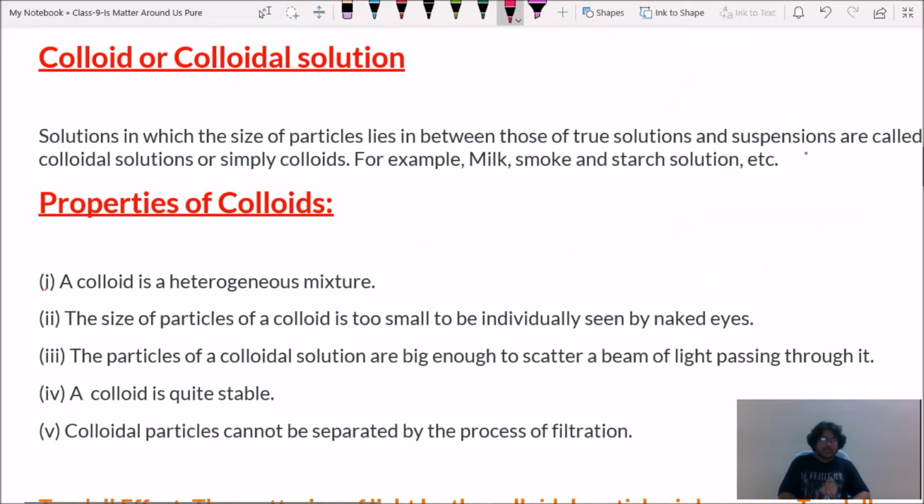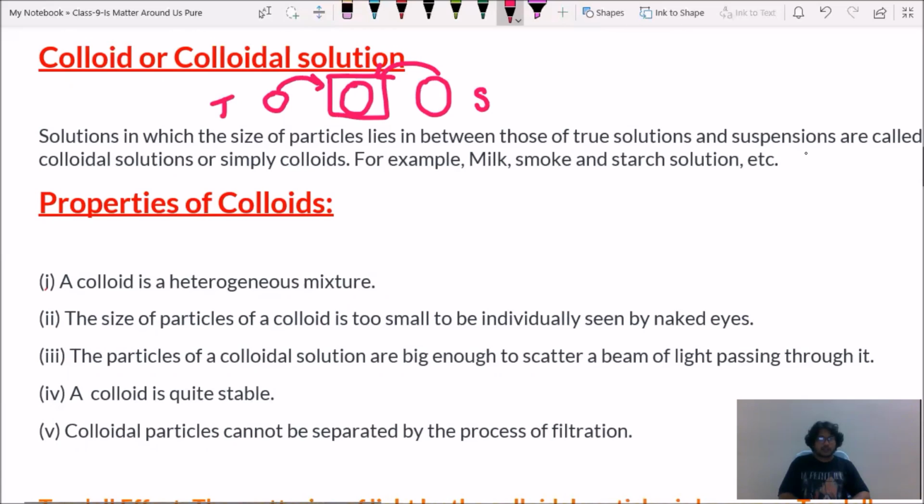Here, consider these are true solution particles, these are suspension solution particles, and colloidal solution particles will be here, in between true solution and suspension solution. So the particles will be greater than true solution particles and the size will be less than suspension solution particles.